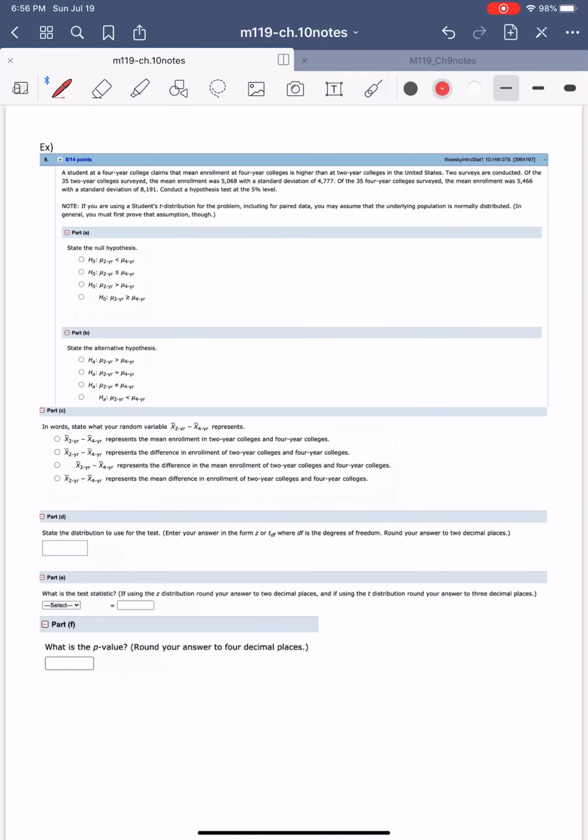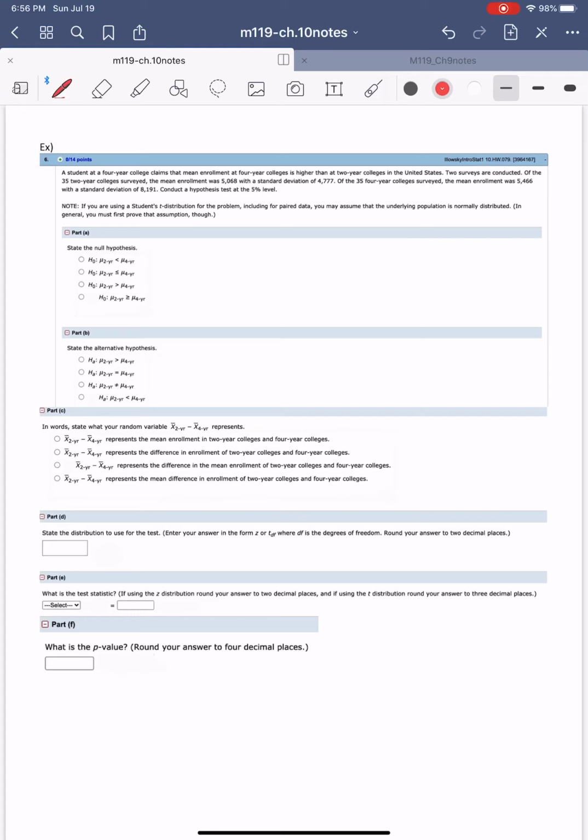Okay, let's move on. Here's the first example. So let's take a look at this. A student at a four-year college claims that mean enrollment at four-year college is higher than the two-year college in the United States. Two surveys are conducted.